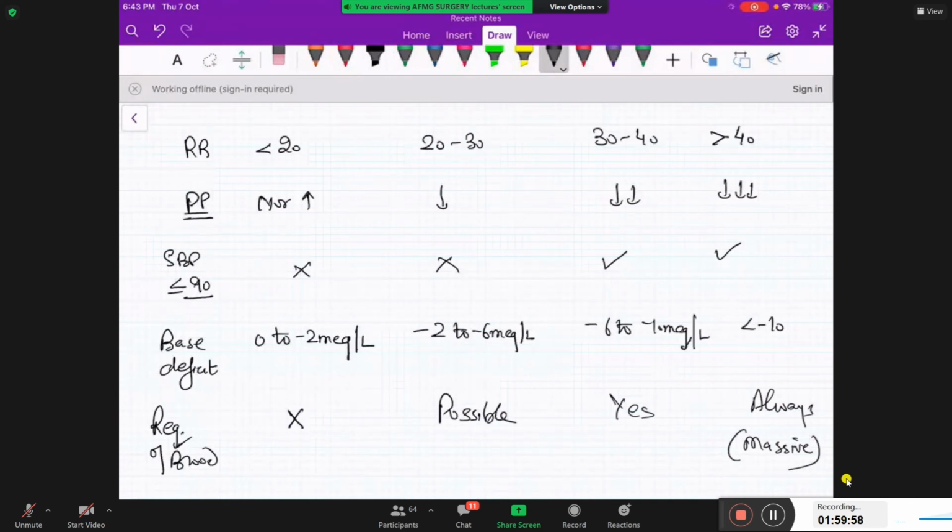Very commonly in your exam, you have to appreciate these points in a clinical question provided. First of all, you will be told these terms that are very commonly used in our clinical practice: patient is stable, patient is unstable. When will you call a patient stable or unstable?